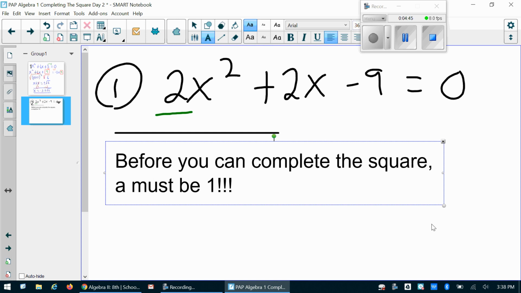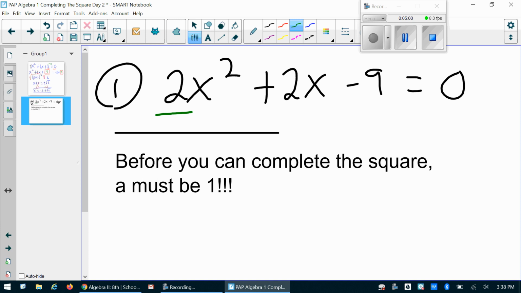I didn't mention it last time because I gave you all problems where a was 1. So think about how we can make a be 1 when right now it's 2. The way we do that is we're going to divide by 2 on both sides. That's a perfectly acceptable algebraic move.